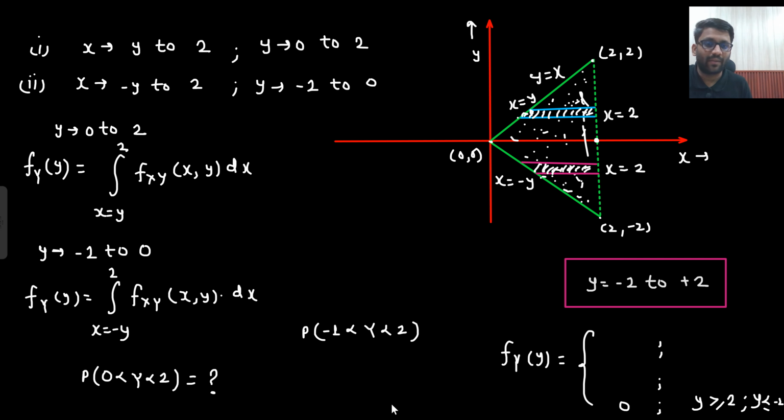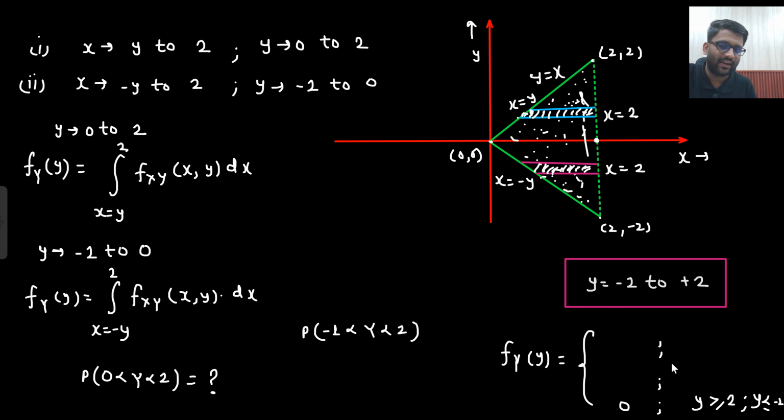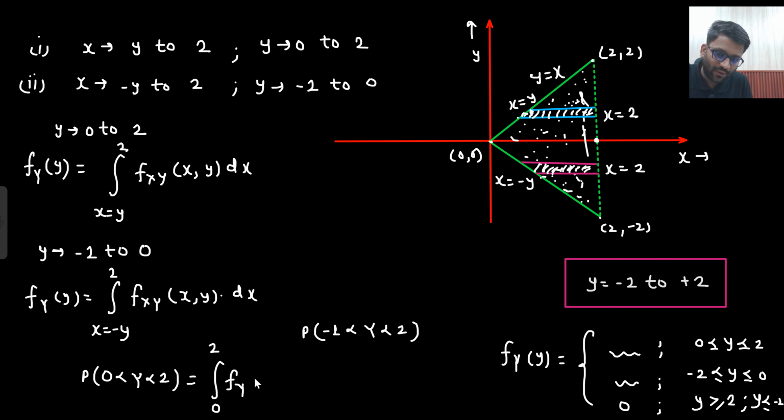But as of now, my matter of concern will be only this PDF, no? So why would I care about finding this particular PDF? Basically, here what I will write down is that if your y is between -2 to 0, then some answer would come. And if your y is between 0 to 2, then some answer would come. Now, when I find this probability, what I will do? I will integrate fy of y from 0 to 2. Then I will go here.